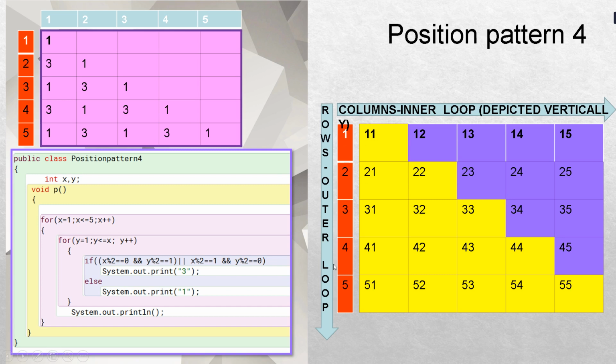So first of all we need a loop for this kind of shape. Then we need to see at which locations 3 has to be printed, and at which locations 1 has to be printed. First of all, at x percentage 2, that means these locations, what it has to see is when x is 2 and y is odd.